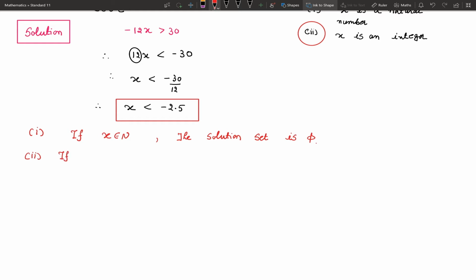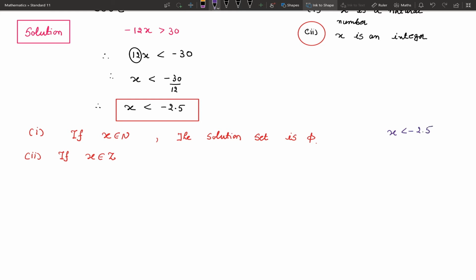If x is an integer, that means x belongs to capital Z, the set of integers, then we know the integers which are less than minus 2.5.